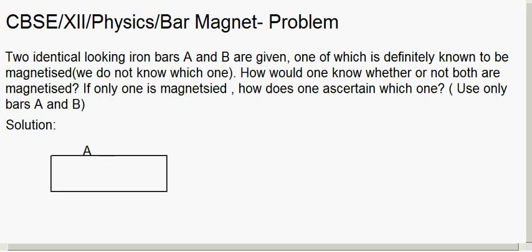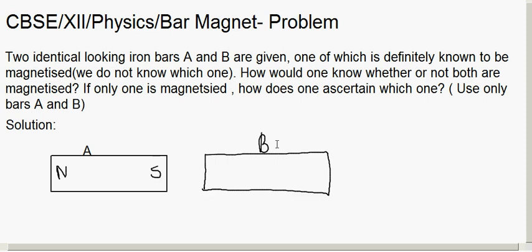Now if bar A is a magnet, or let us say if it is magnetized, I'll say this is my north pole and this is my south pole, and the other bar we are getting, this is bar B. Now if both of them attract, let us say in the first case they attract, so there is a force of attraction.